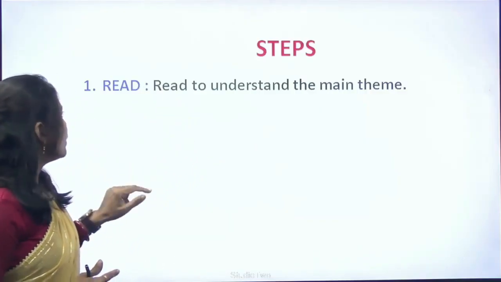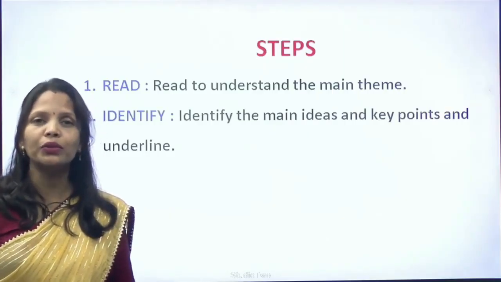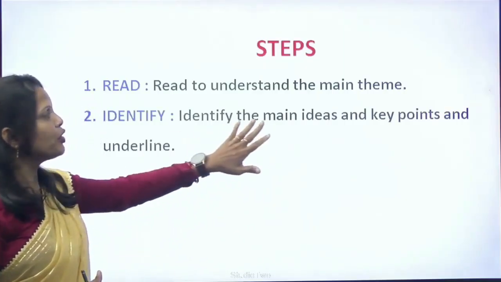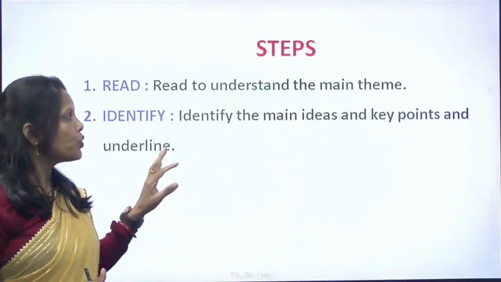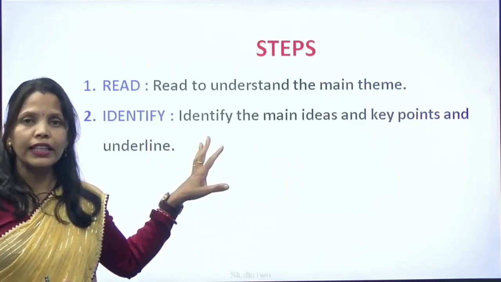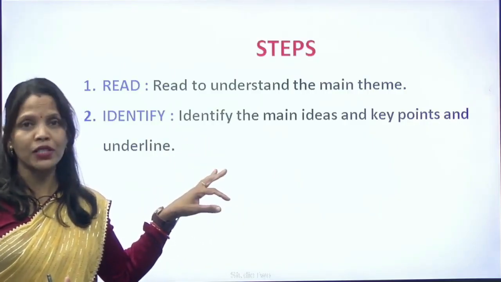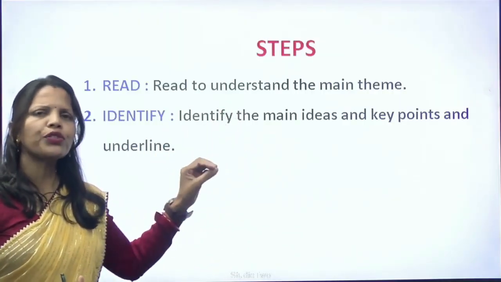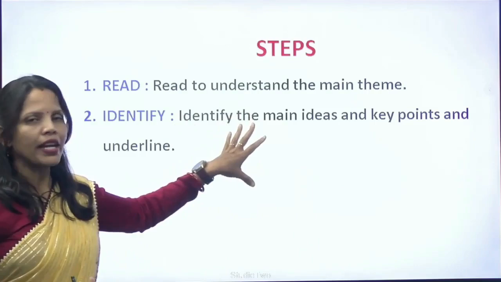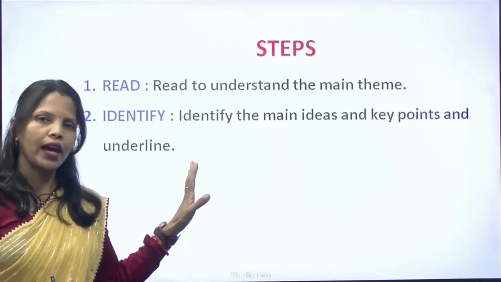Okay, then what's next? Then you have to identify. What to identify? Identify the main ideas and the key points. Okay, so after reading, after understanding the theme, after understanding the passage, now you read the passage again, or you just find out the main ideas or the key ideas and underline all those ideas.